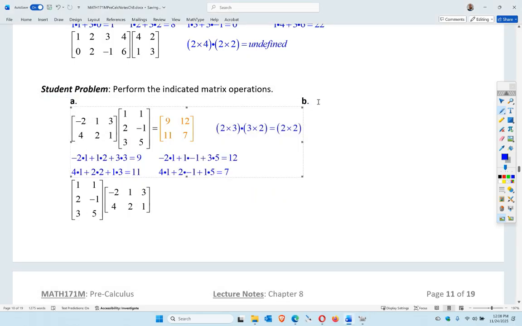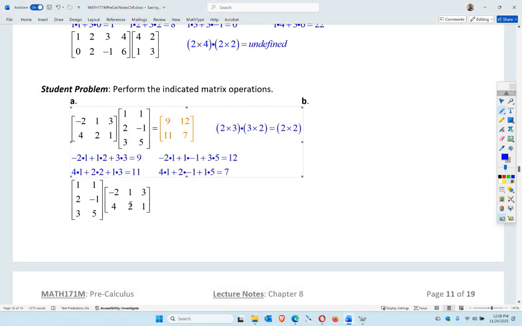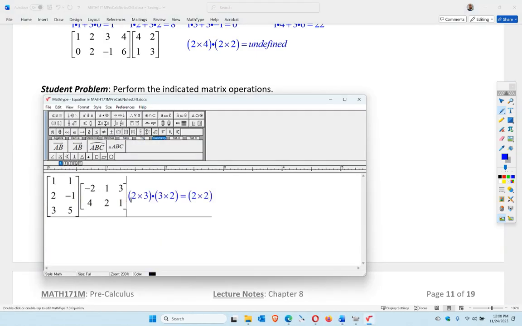Okay, last one, the B one here. Well, I'm going to copy the little shape here. Copy, paste. Well, this is a 3 by 2 and a 2 by 3. Right?